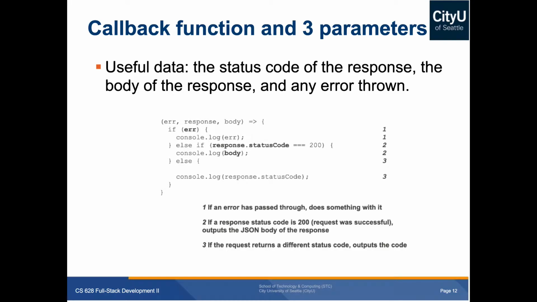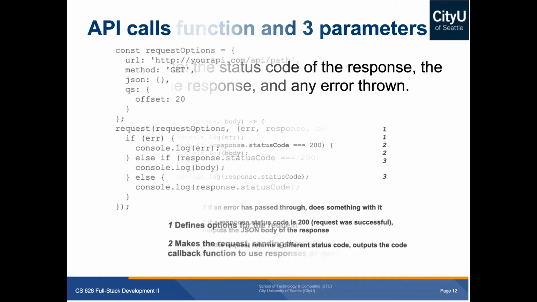If we get any error, we log it out as an error. If we get a status code of 200, that lets the application server know we have a successful request, so we access the body. Else, if we did not get a 200 code, maybe a 404, we log that out for the application server.